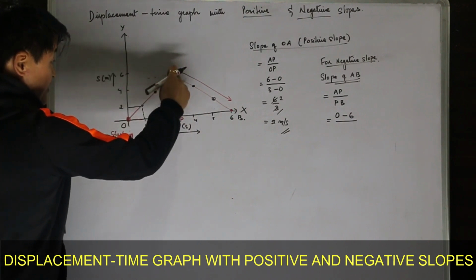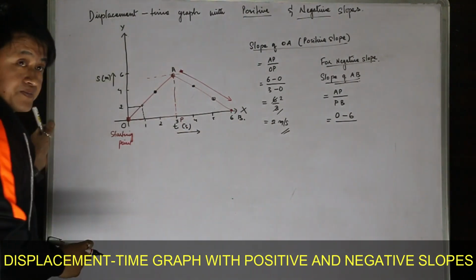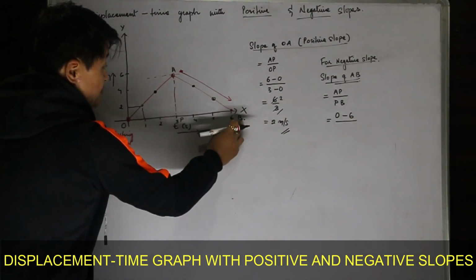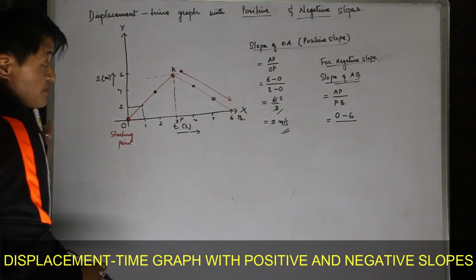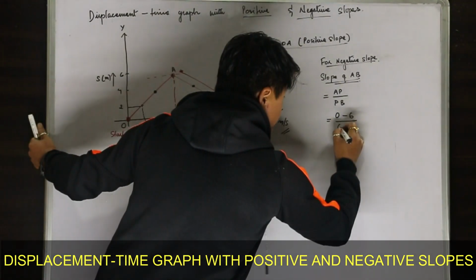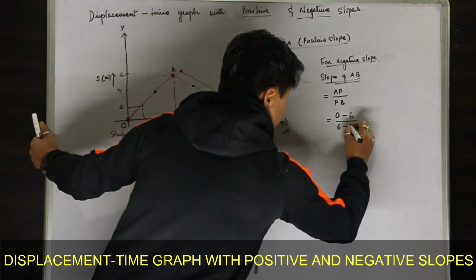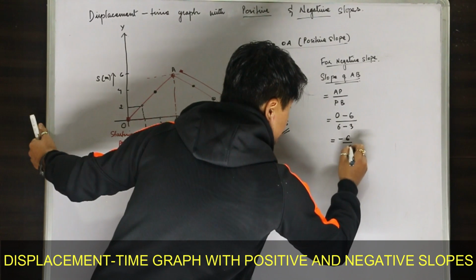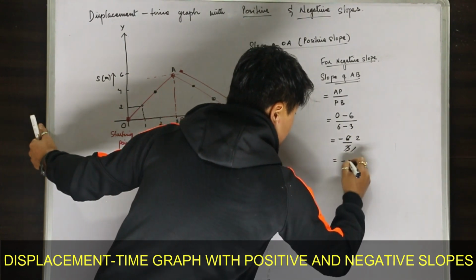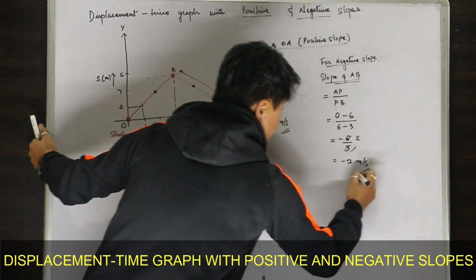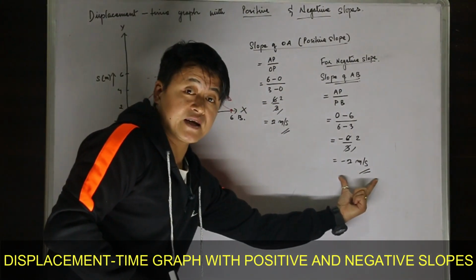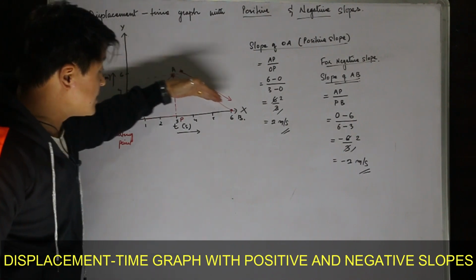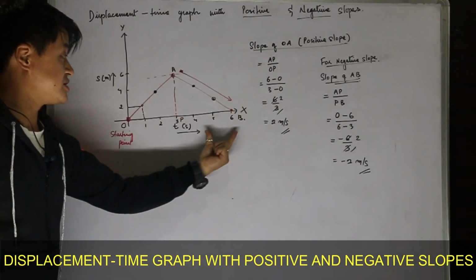Earlier the time was 3 seconds. It started at 3 seconds, and when it reaches the point B, the time was 6 seconds. So the final time is 6, initial time is 3 seconds. So this will be minus 6 divided by 3, 3 1 are 3, 3 2 are 6, equals minus 2 meter per second. The velocity is negative here. This represents the negative slope. Here the ball is going towards the starting point.